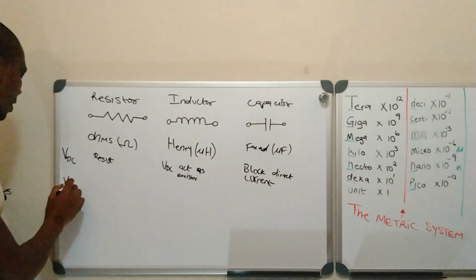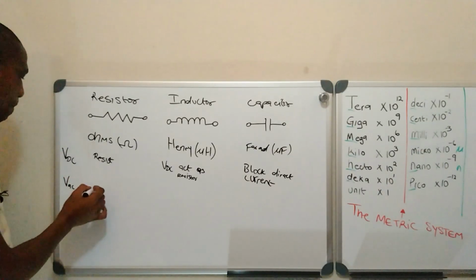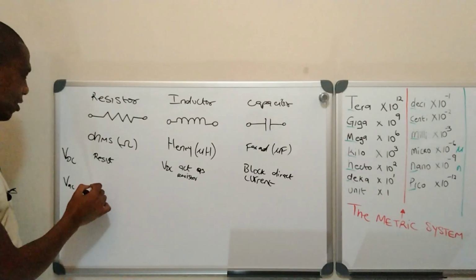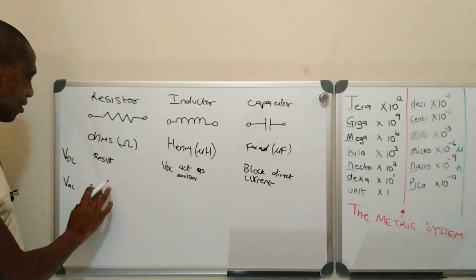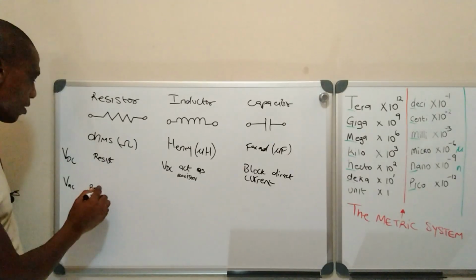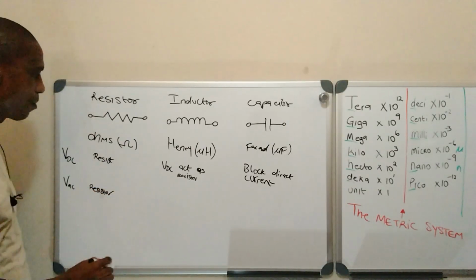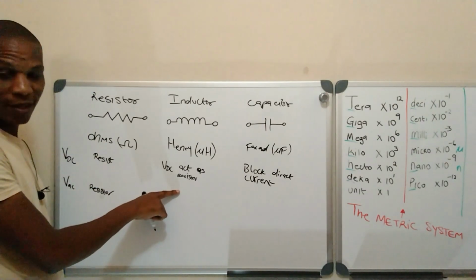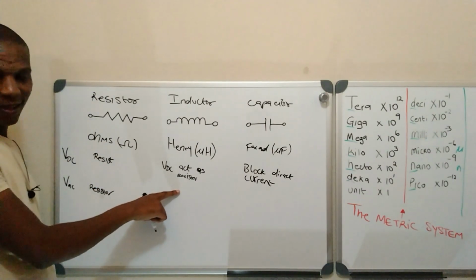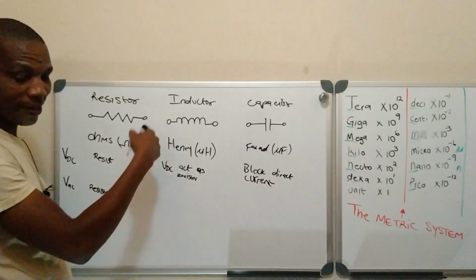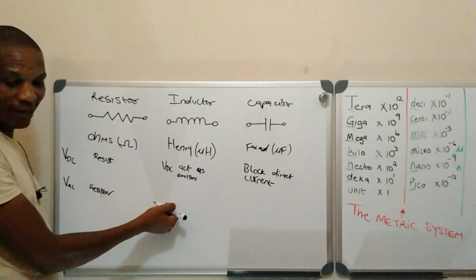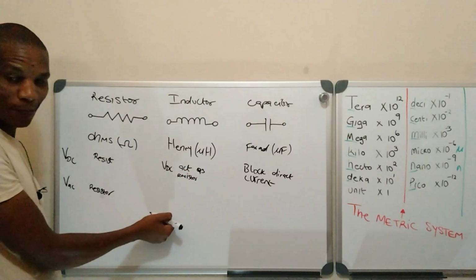If you supply the resistor with alternating current, it behaves the same as with direct current. It just resists. That's why they call it a resistor. Nothing much. If you supply the alternating current to the inductor, what does it do? It generates a magnetic field. Basically, it opposes the rise of current, the change of current.